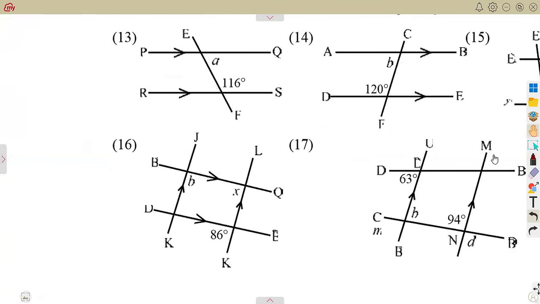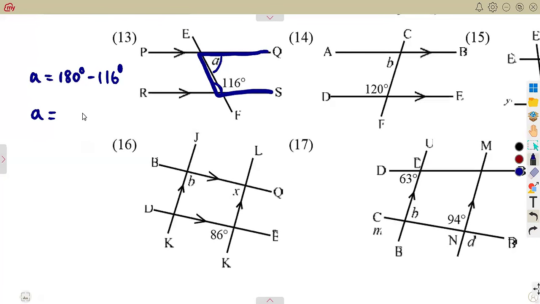All right, number 13. We move on. There we have forming a C, like from the U concept of the phonics, where you form a U or a C. Those are co-interior angles. And we know that co-interior angles are supplementary. They add up to 180 degrees. So A is going to be 180 degrees minus 116 degrees.